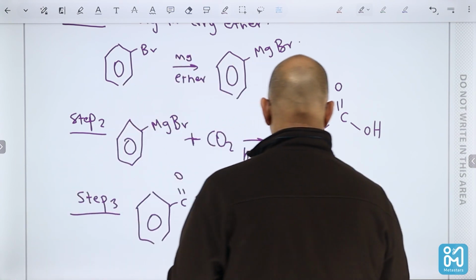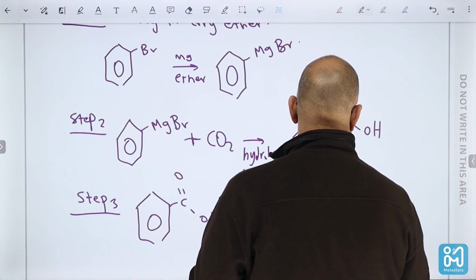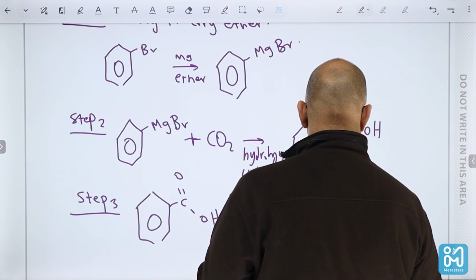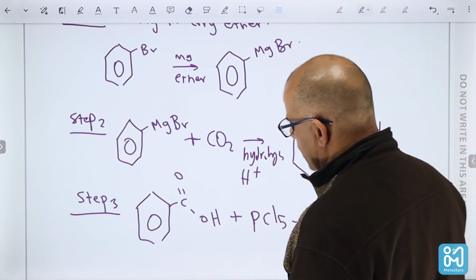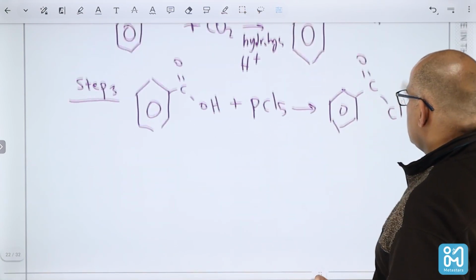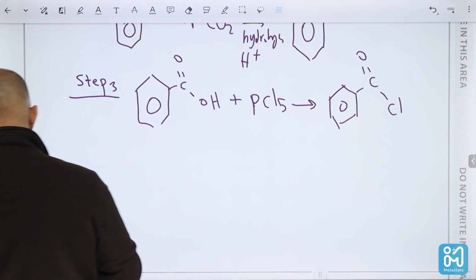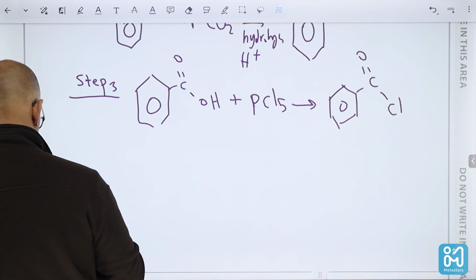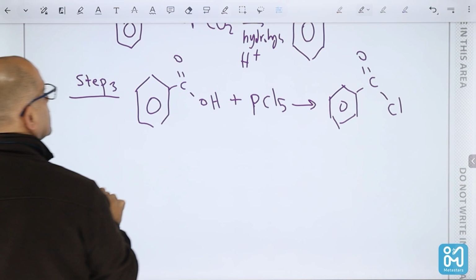This will produce the C double bond O Cl, okay, and the continuity of the reaction. Then after that, you will convert this by reacting it with ammonia, the last step.